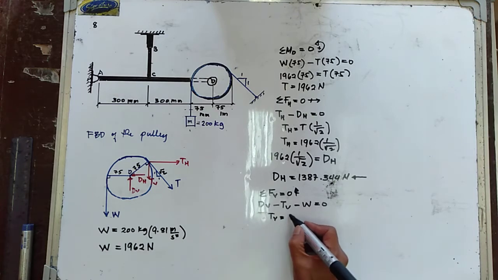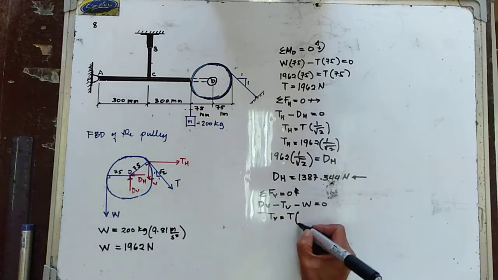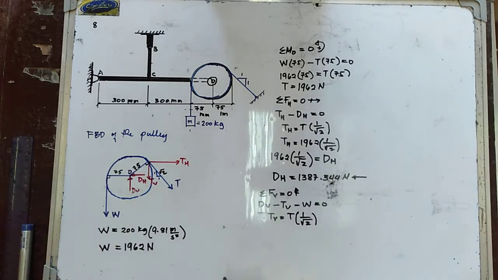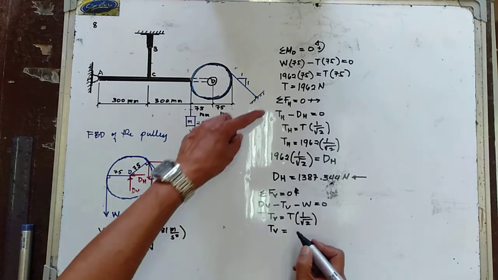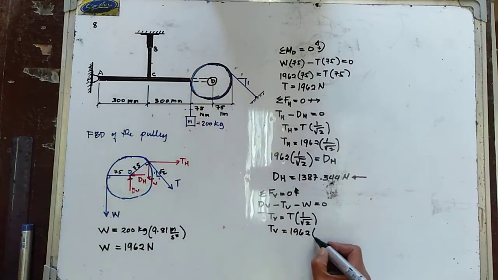This is equal to T times the vertical slope over the hypotenuse, 1 over the square root of 2. Hence, your T vertical is equal to 1962 multiplied by 1 over the square root of 2.